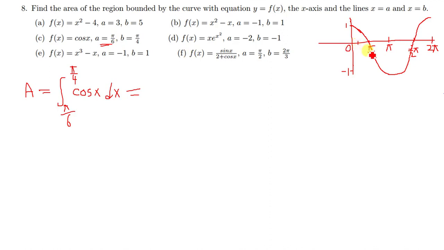And pi over 4 is 45, so it's also going to be there, because this one is 90, and this is 180. So 45 can be there, then 30 can be there. So the area that we're trying to find is this.